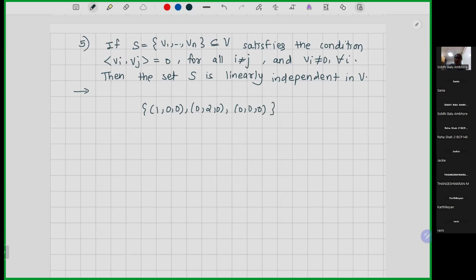So this Vi non-zero condition is important here. Otherwise, we can just add 0, and still the inner product of distinct elements will remain 0, but the set will not be linearly independent. Okay, so this Vi non-zero is an important condition here. And now what is your guess? If S is some set satisfying this condition, then whether this set S is linearly independent in V or not.